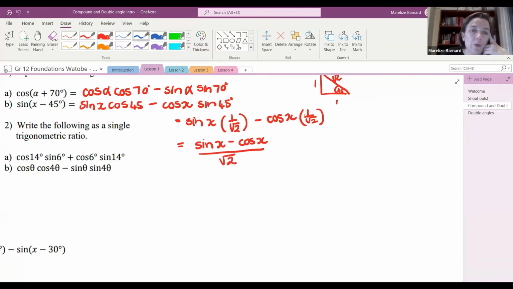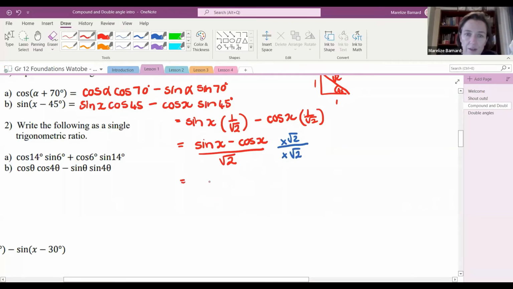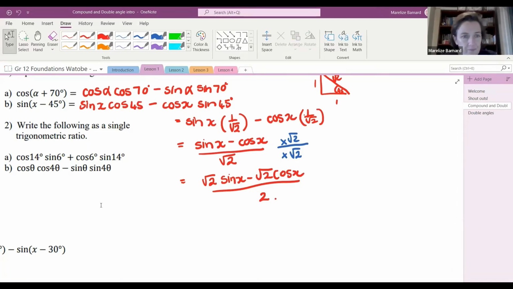If you were to rationalize the denominator, you times by root 2 over root 2, because rationalizing it means taking the root away, basically. So you can do it. For those of you who are wondering, this is what it will be: root 2 sine x minus root 2 cos x over 2. But it's not a must.